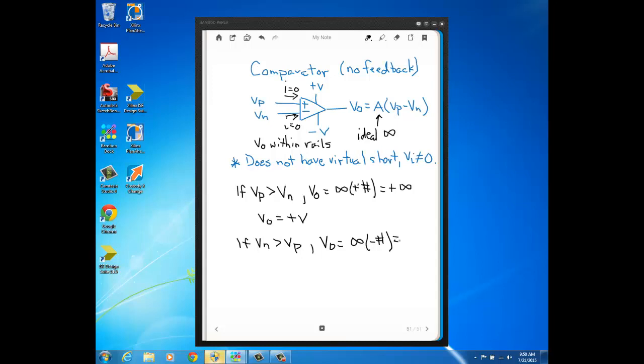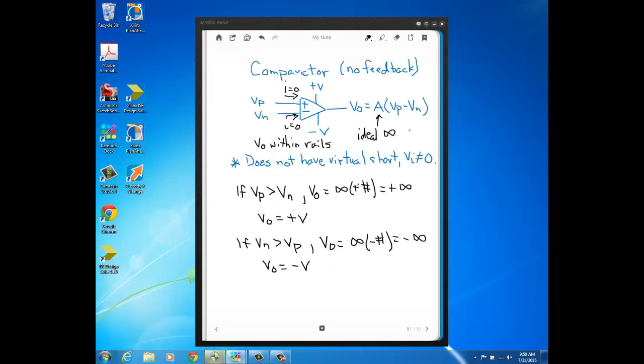So here it wants to be minus infinity, so it wants to be as negative as possible. And what happens is it hits the lower rail, and V out equals the minus source value. So you see, a comparator just has two possible outputs, either the plus power source value plus V, or the minus power source value minus V.